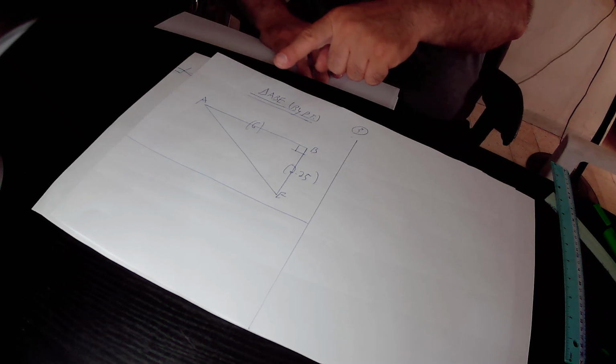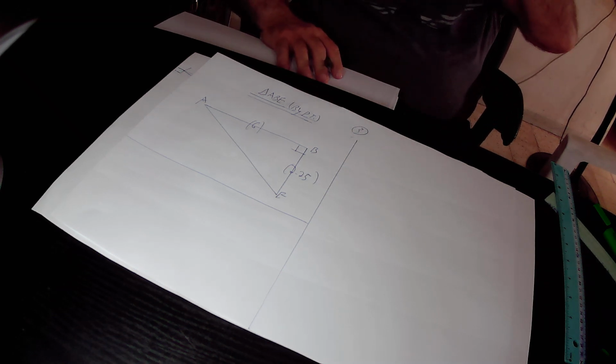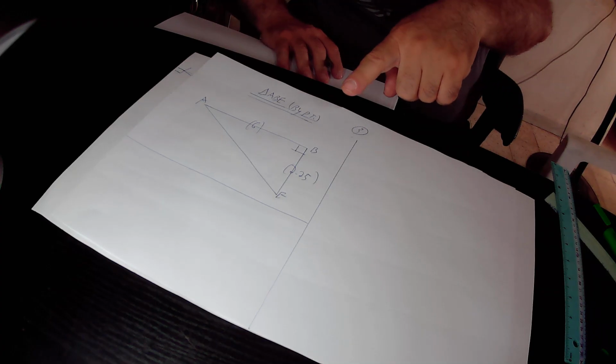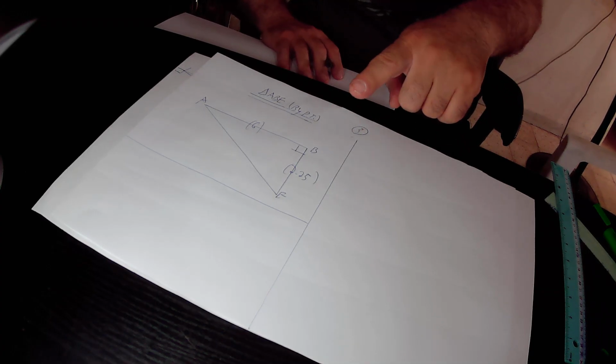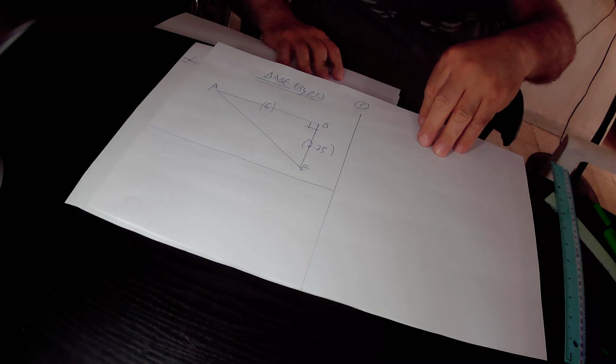The hypotenuse is AE, therefore the square of the hypotenuse is AE squared, and AE squared must be equal to AB squared plus BE squared. So I write it down.